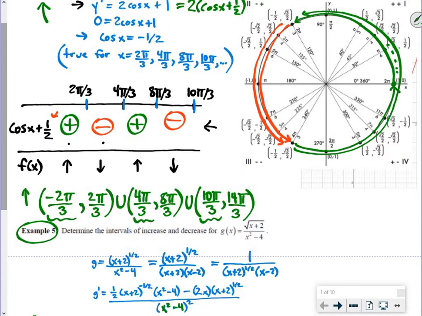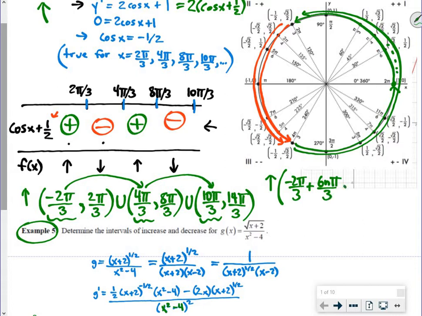Okay, so with this, you can craft a general rule for these terms. Notice to get from -2 pi over 3 to 4 pi over 3, I need to add 6 pi over 3. And then to get from 4 pi over 3 to 10 pi over 3, I need to add 6 pi over 3 again. So I'm trying to come up with a general term for intervals of increase. The first term will be negative 2 pi over 3 plus 6n pi over 3.